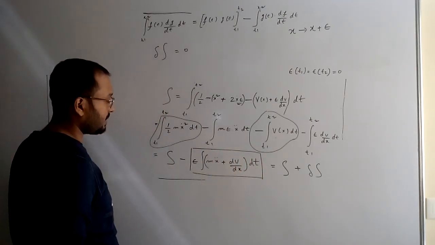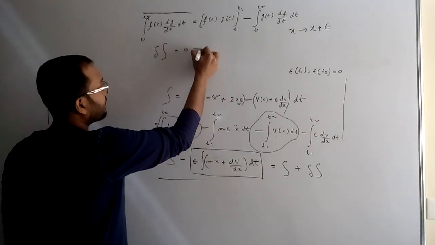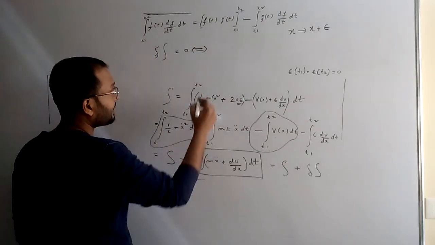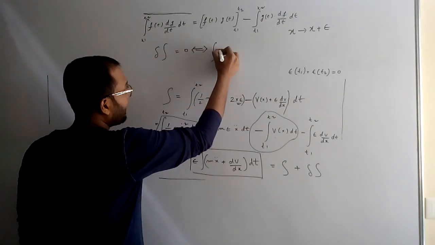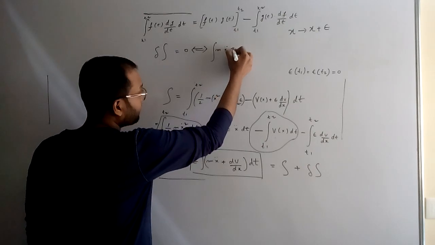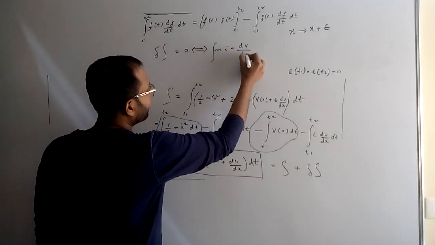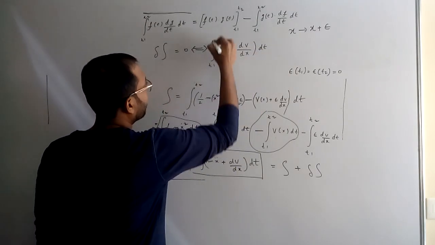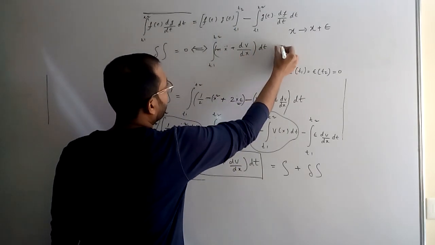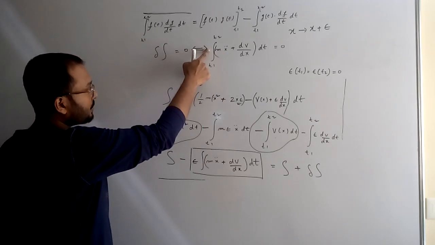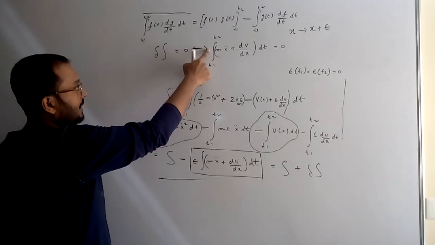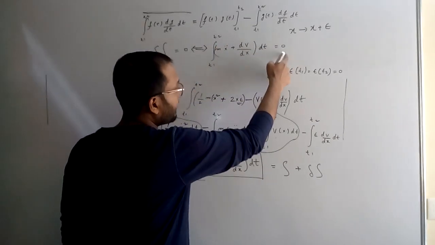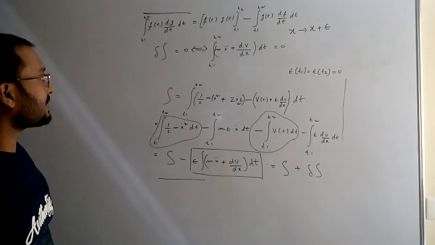If this quantity has to be 0, it means that integration m x double dot plus dV by dx, all integrated in time, has to be 0. I've taken the epsilon that was out of the integration sign to the right hand side, and 0 by epsilon still gives me 0 on the right hand side.